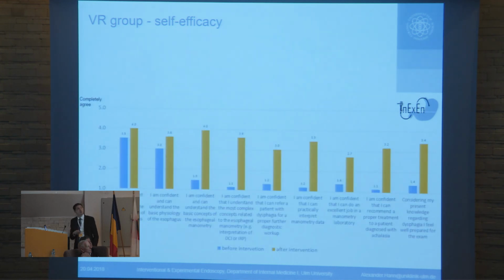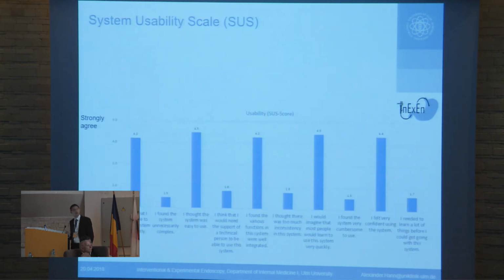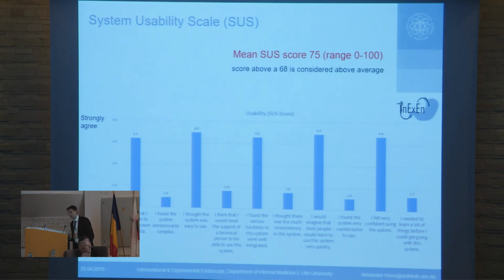And so those items, blue is before the intervention and orange is after the intervention, they were all significant. So people really improved after this virtual reality lecture. And we also had usability scales, like how easy was the program to use, and we had a score of 75 out of 100, which is also above average.